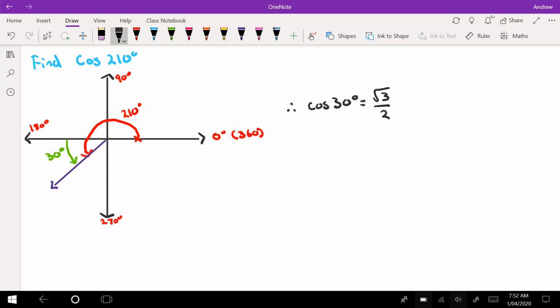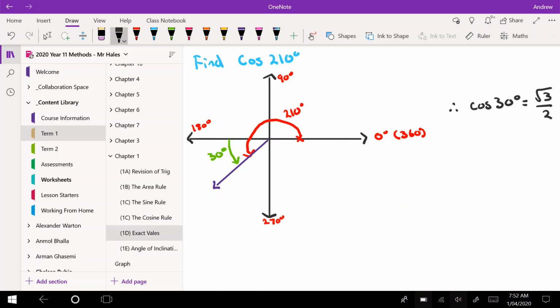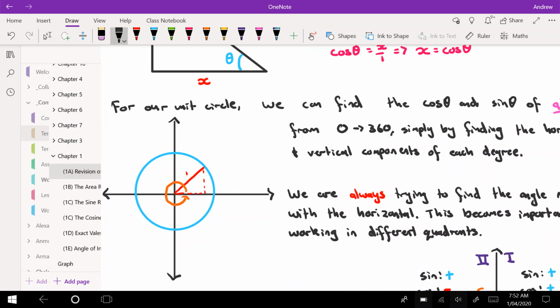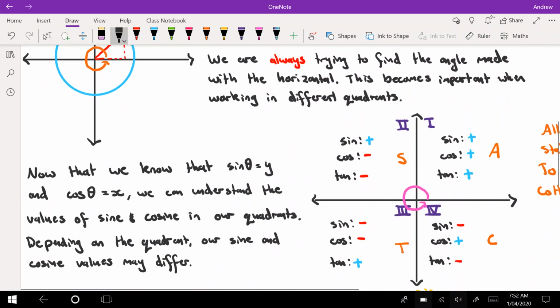But we need to be careful, because let's think back to our first lesson on trig. Revision of trig. All stations to Cottesloe. In my third quadrant, cosine is actually negative. Okay.